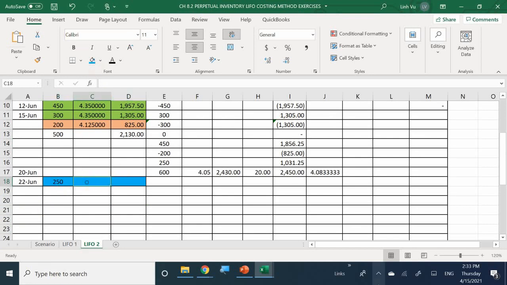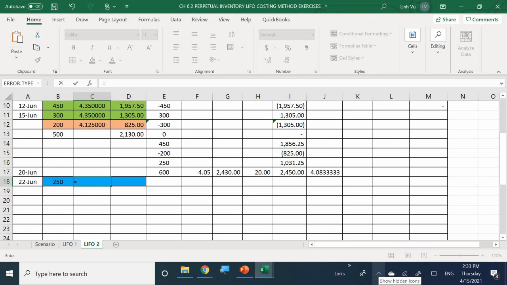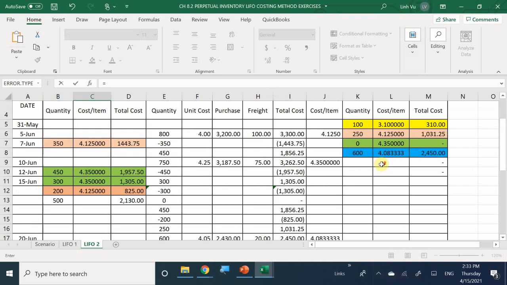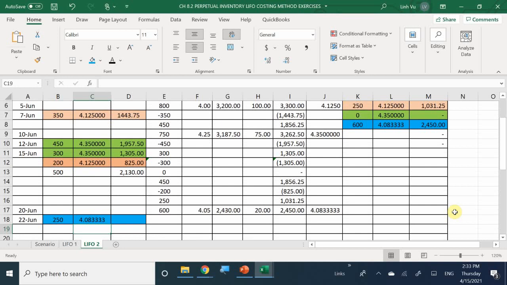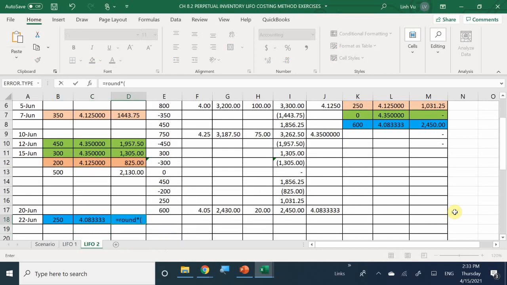So there you go. Now, how much does it cost me per unit for the blue batch? 4.083333. Okay, so here we go. Equal round. We're going to take the 250 times the 4.083333.